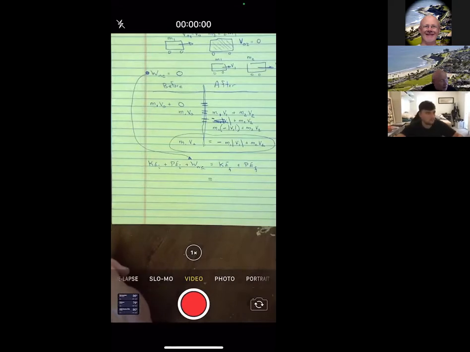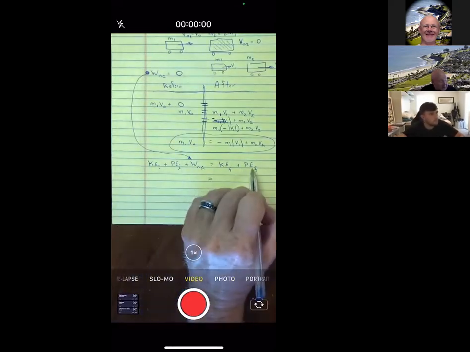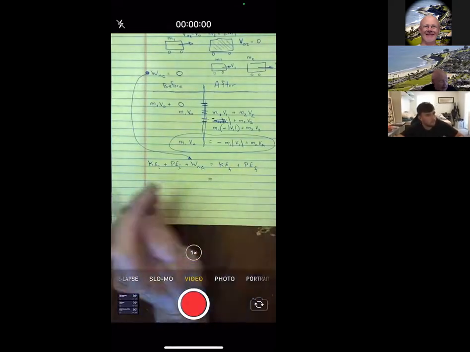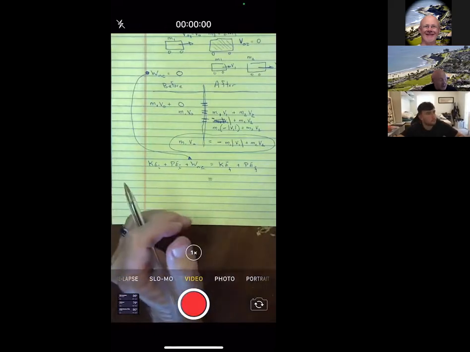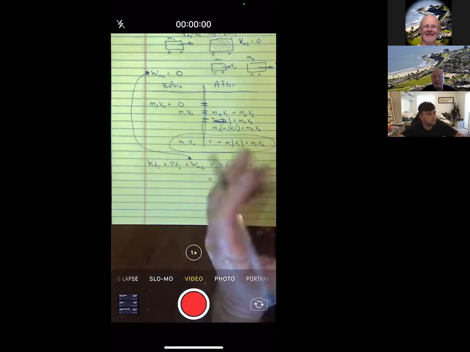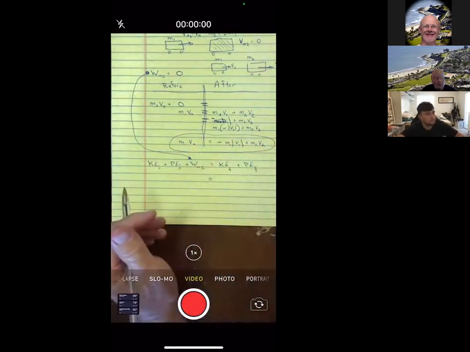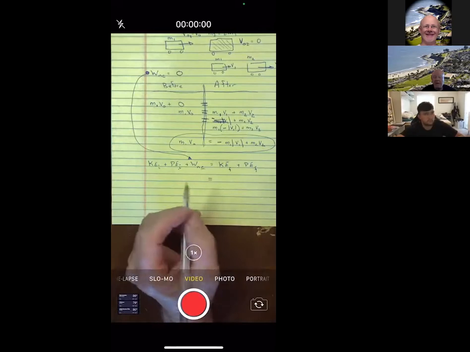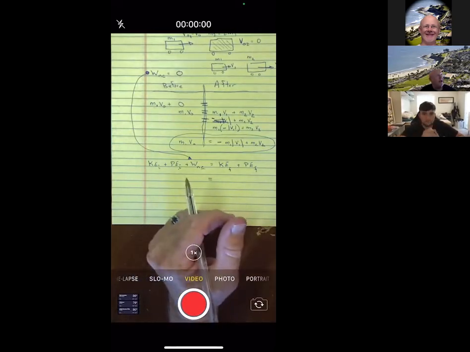The other thing I can do is say, well, there really are no potential energies. There were two of them. One had to do with gravity, and the other one had to do with springs that were compressed. Well, we don't have any springs, and we don't have anything going uphill or downhill.